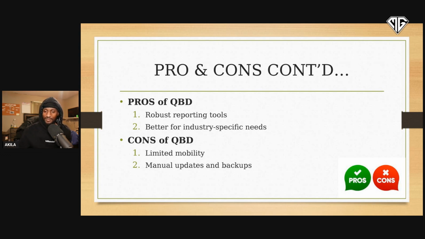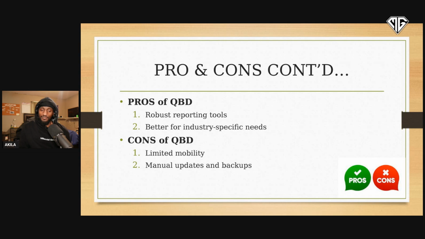And then the cons of it is it is limited mobility, limited access. It does require you to work around sometimes maybe like a third party hosting app. It does have a higher upfront cost. QuickBooks Desktop definitely does come at a higher subscription than QuickBooks Online.